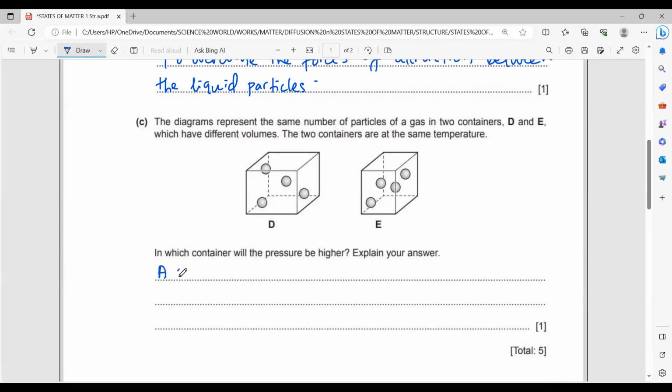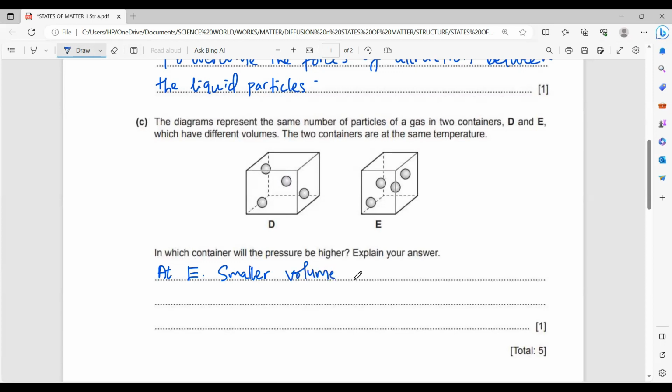So at E, you will have a higher pressure. At E, you have a smaller volume with little space.